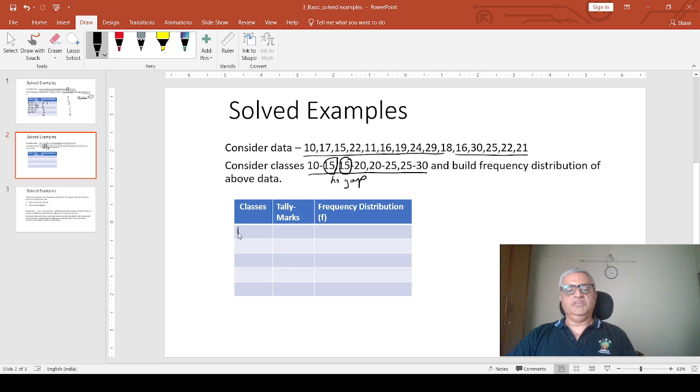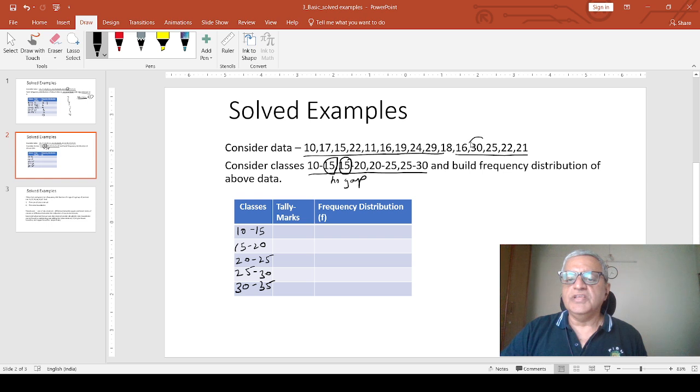So let's start putting 10 to 15, 15 to 20, 20 to 25, 25 to 30, and we'll have to put one more class which is 30 to 35 because we have an element 30 here. So we will have to put another class.